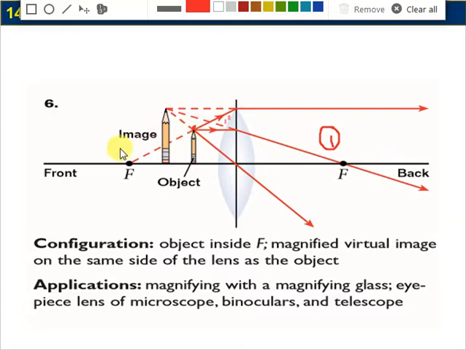The focal point here is behind our object, so for sure this ray cannot pass through it on this side, the front side of the lens, the side where our object is. So as with mirrors in the previous chapter, we will direct this ray, we will bring it to the lens as if it's coming from the focal point.